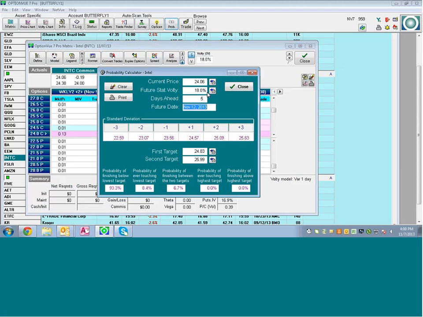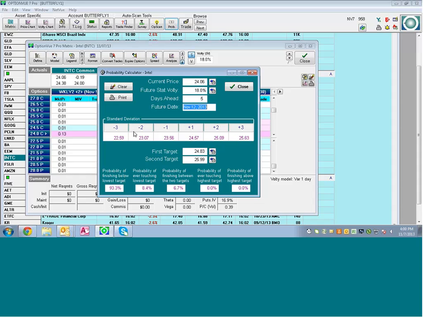Okay. And so when I type in a holding period of between today and next Tuesday, the probability calculator shows me the first and second standard deviation move and the actual stock price that would be within a first standard deviation, which is a 68% probability that the stock's going to be somewhere between 23.56 and 24.57.